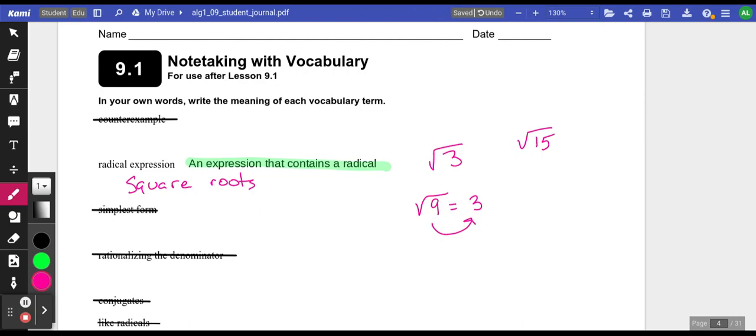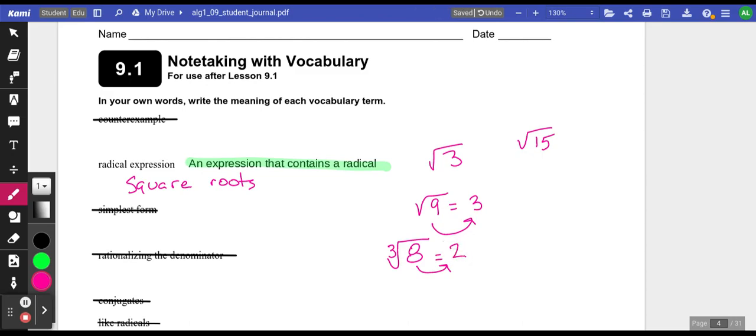So in other words, the square root of 9 is 3. But if I write it something like this, where I have a little 3 in there, that basically means something that I have to multiply 3 times to get that number. So 2 times 2 is 4 times another 2 would be 8. So the cube root of 8 would be 2.